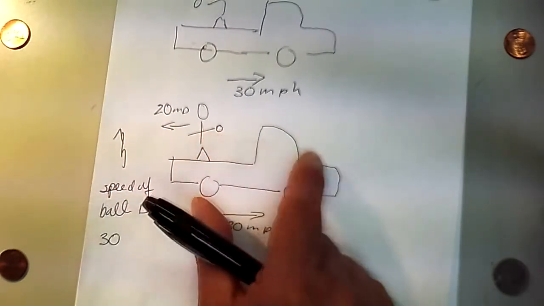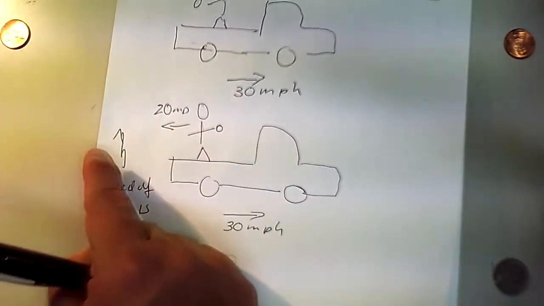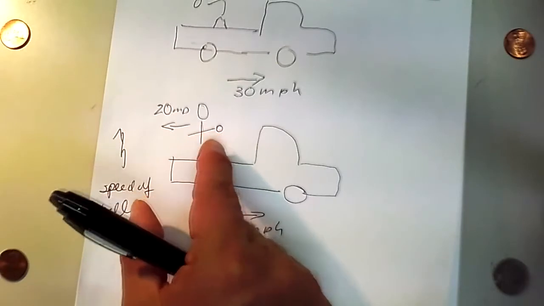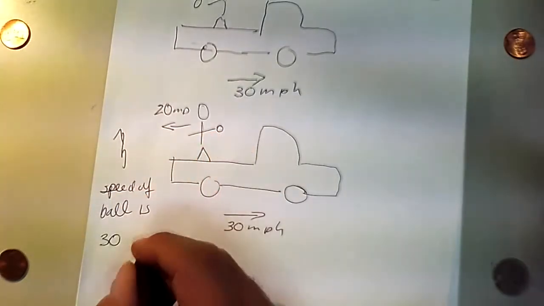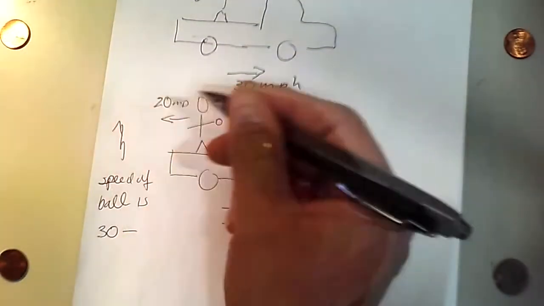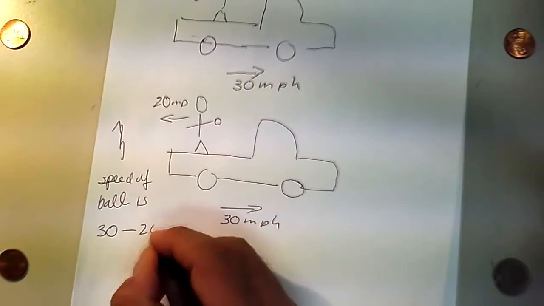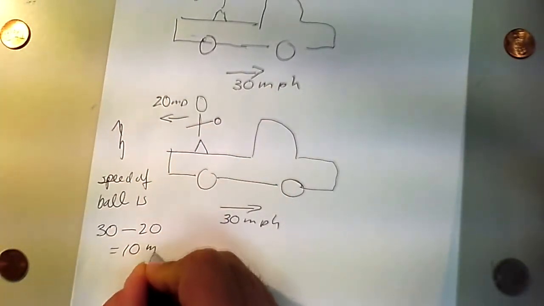It's already moving. So when you throw it back, it is not moving at 30 miles per hour, it's moving at 30 miles per hour minus the velocity you are adding, but it's going back, so we're going to subtract. So the ball is still going to go forward at 10 miles per hour.